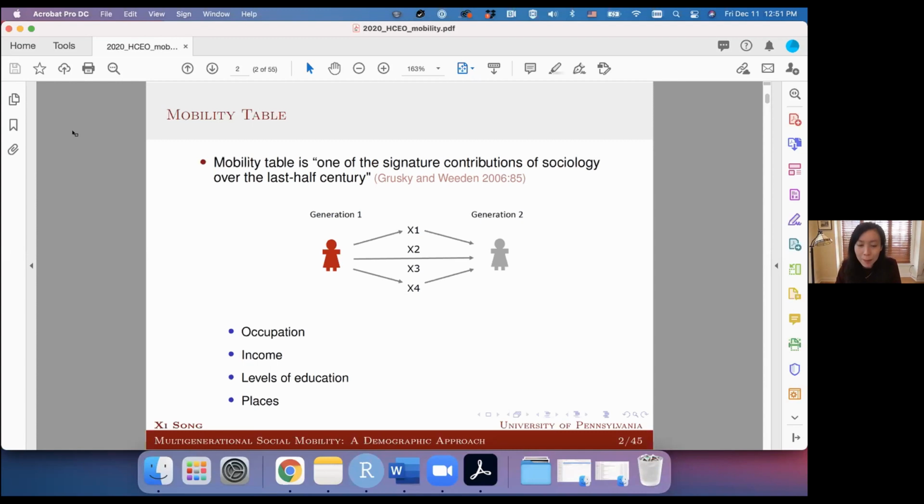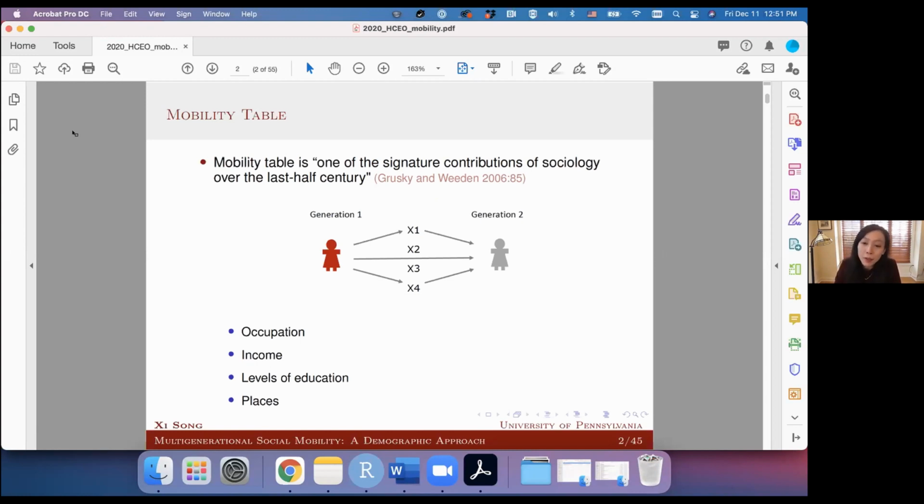But because of my background in sociology, I would like to start with some of the literature in my own field. So traditionally, sociologists study social mobility using mobility tables, which was considered one of the signature contributions of sociology over the last half century.